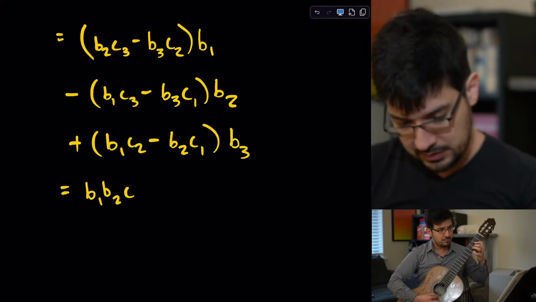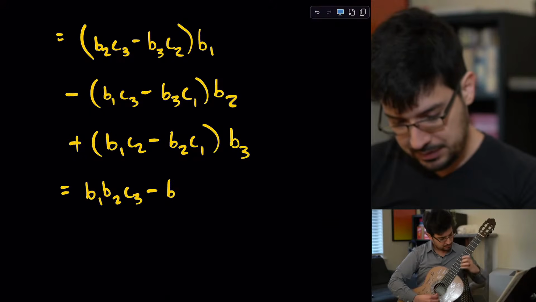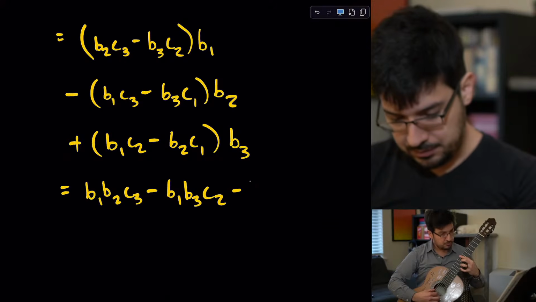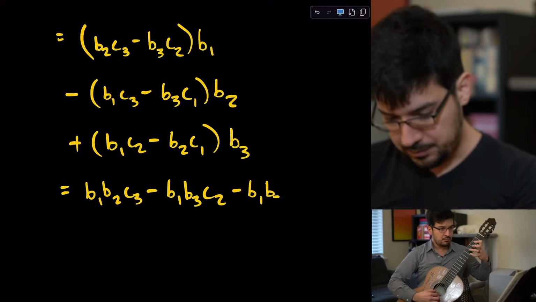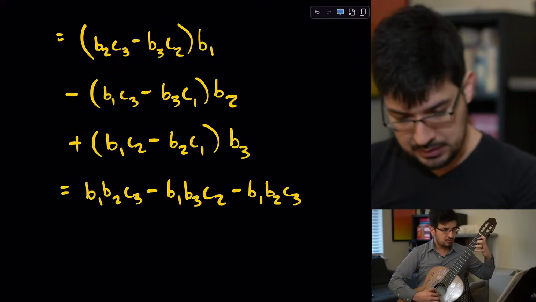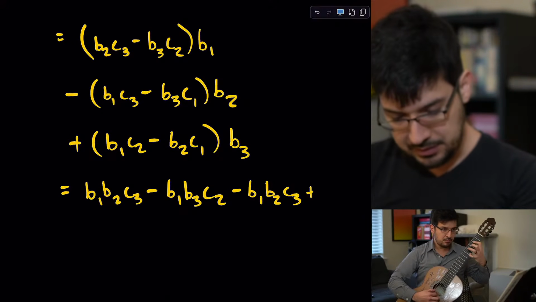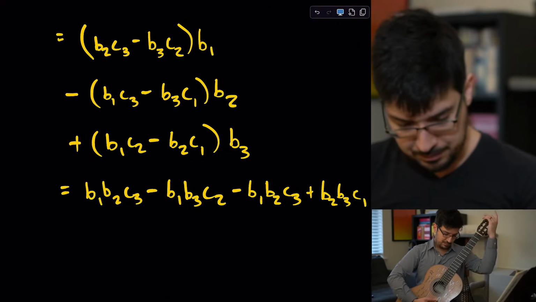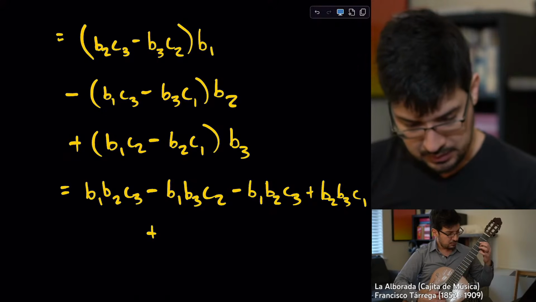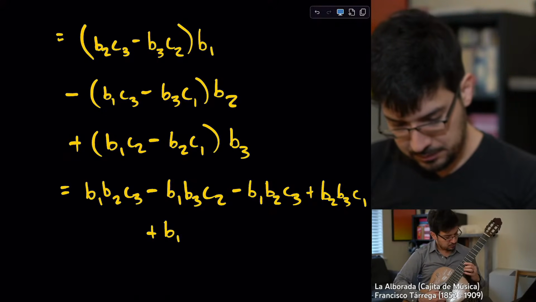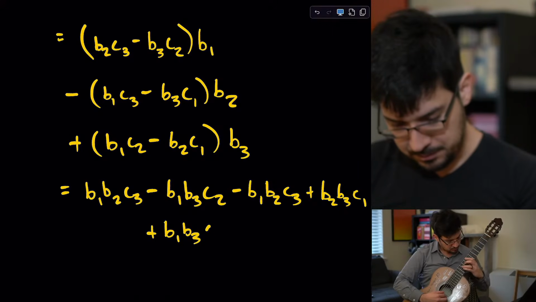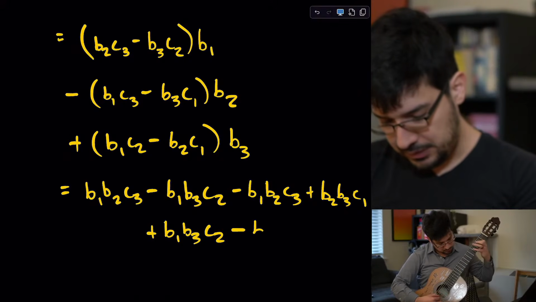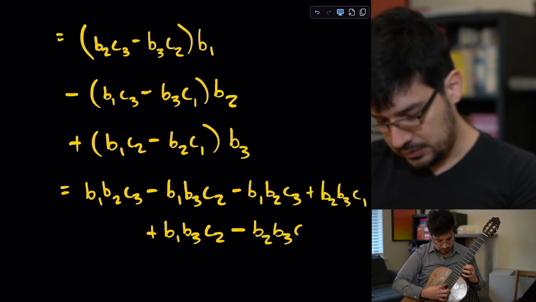B1, B2, C3 minus B1, B3, C2 minus B1, B2, C3 plus B2, B3, C1, B2, B3, C1 plus B1, B3, C2 and minus B2, B3, C1, B2, B3, C1.